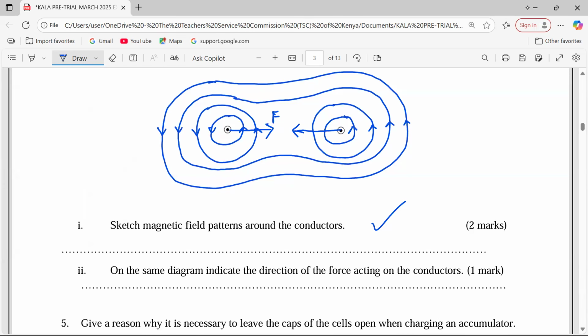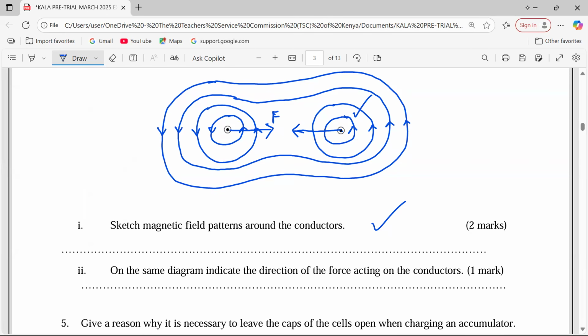So you see, if, for example, I use the first one here, I would say current is out of the paper. I'm using this one. Current is out of the paper. That is according to the second finger.